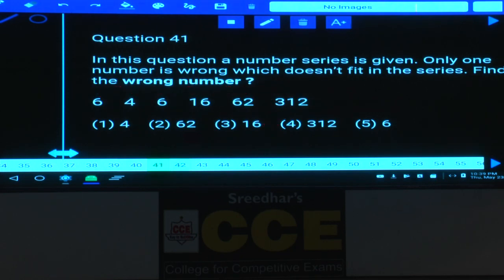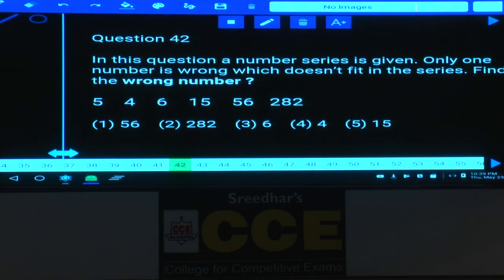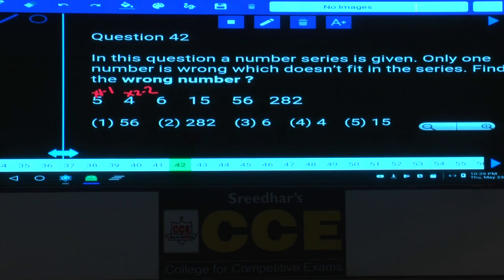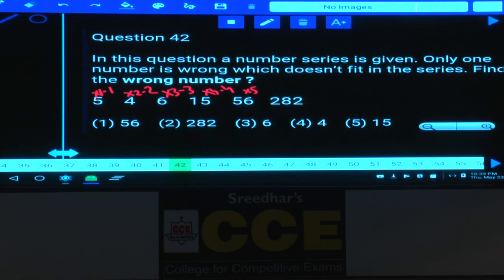Then question number 42: 5, 4, 6, 15, 56, 282. Yes, tell me what is your answer here. 5 and 4, 4 and 6 and so on. 5 into 1 minus 1, 4 into 2 minus 2, and 6 into 3, 18 minus 3, and next one 15 into 4, 60 minus 4, 56, and again 56 into 5, 280, minus 5, 275.